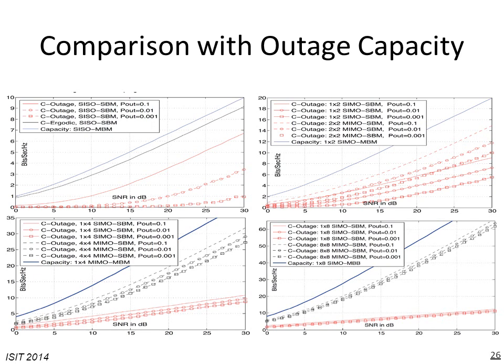The first one on the left top is for a SISO, single input, single output, then 2 receive antennas with either 1 or 2 transmit antennas, then 4 receive antennas with either 1 or 4 transmit antennas, and finally 8 receive antennas with 1 or 8 transmit antennas.